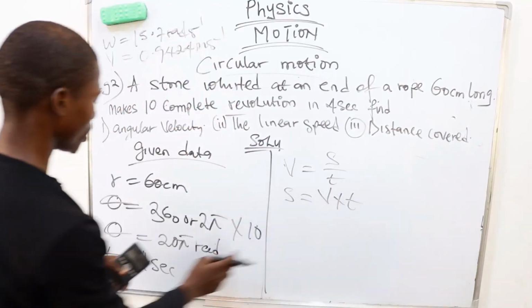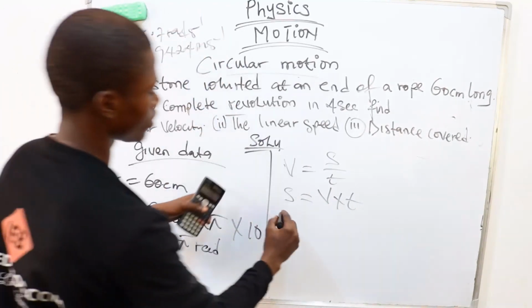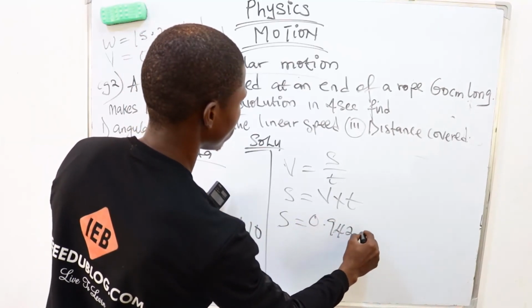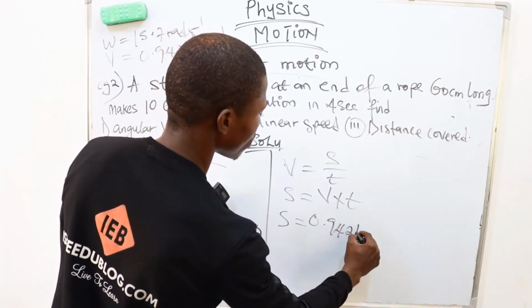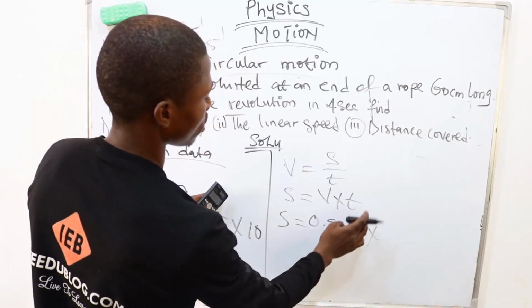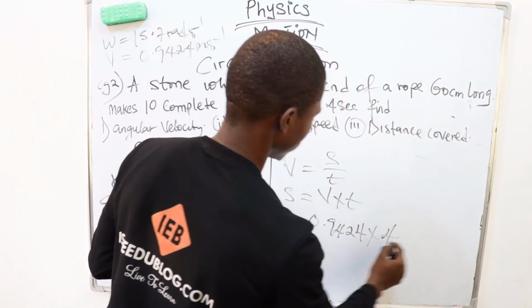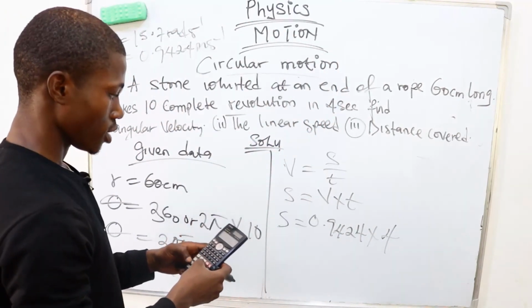This is our velocity, so distance is 0.9424 times our time, which is 4 seconds. So let's multiply out times 4.